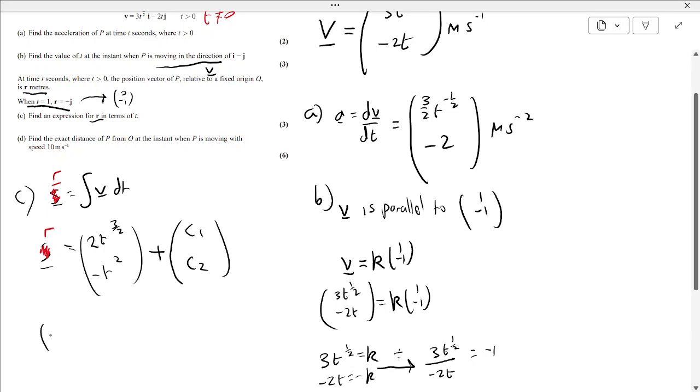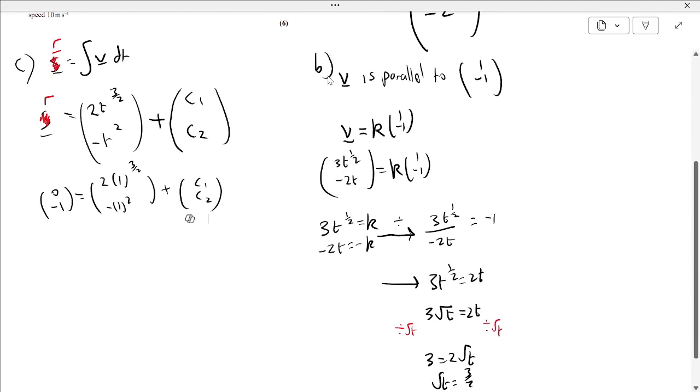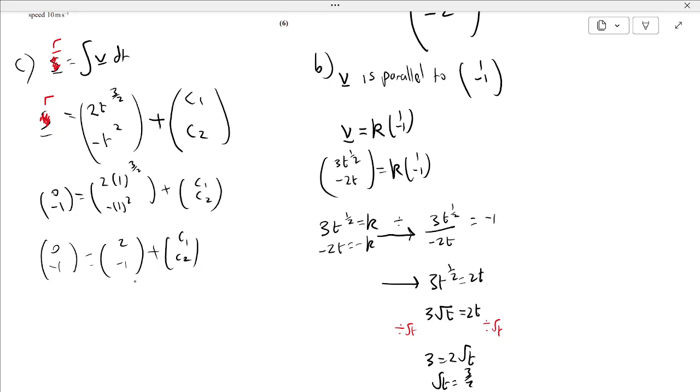r is negative j, so (0, negative 1) equals, that's when t is 1, so 2 times 1 to the 3 over 2, negative 1 squared. When you are substituting like this, you should really show your substitution with brackets to gain those method marks. (0, negative 1) equals (2 times 1, negative 1), and we should be able to find C1 and C2.